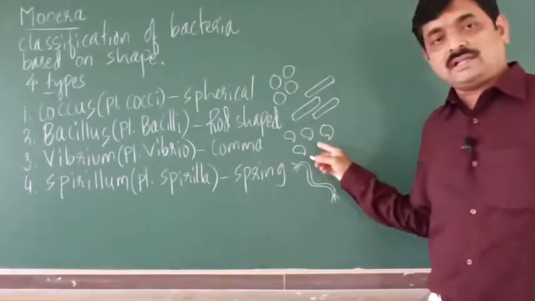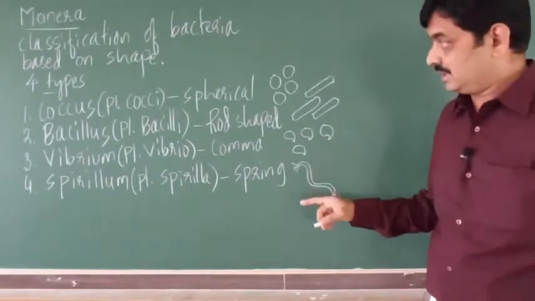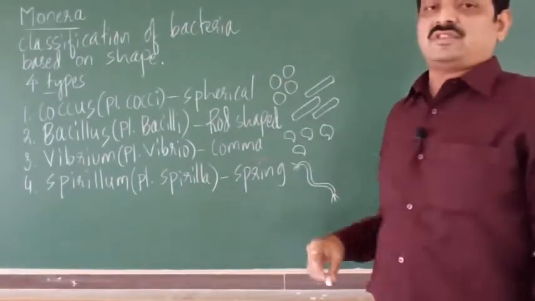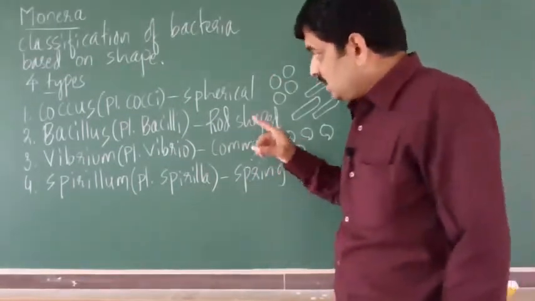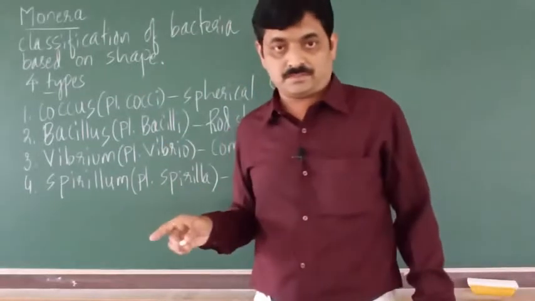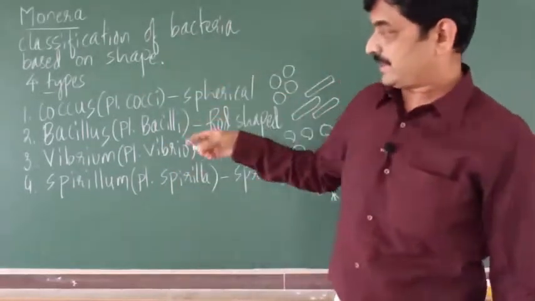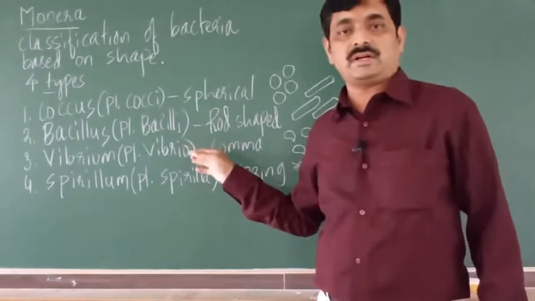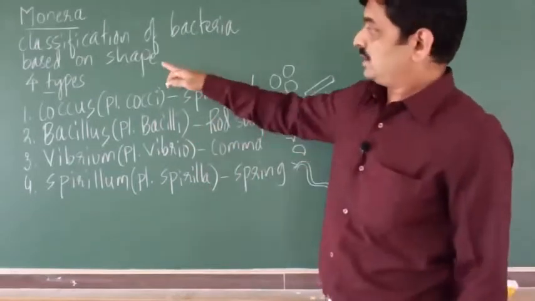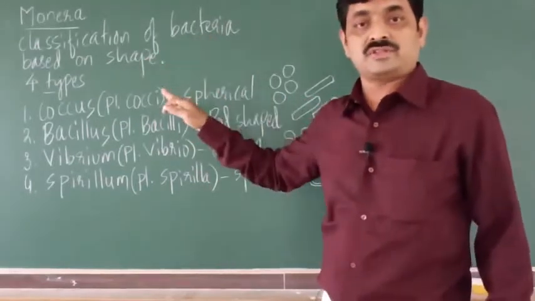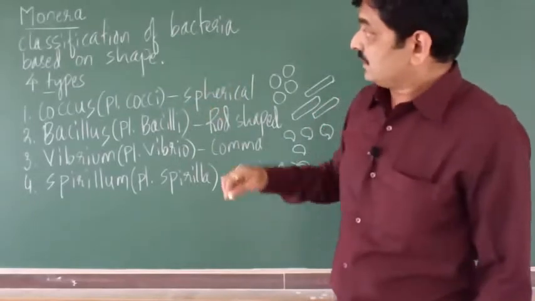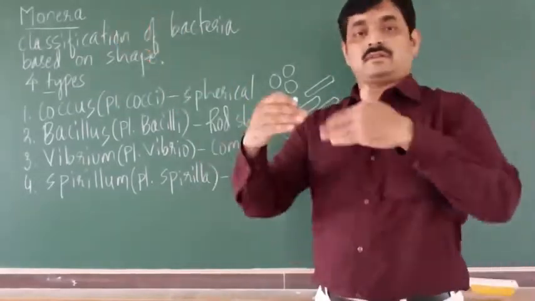So they are coiled spring shaped bacteria. So these are the 4 types of bacteria which are classified on the basis of their shapes, right? So here you may expect any 1, 2 or 3 mark question depending upon the classification of bacteria based on their shapes. The next we shall consider the further part.